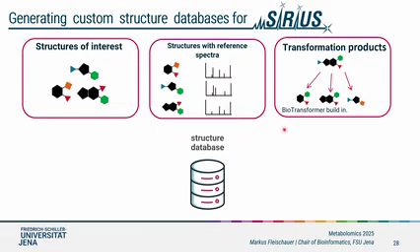That's built in since the last version, so we built in BioTransformer from David Wishart's group. In case you import structures into SIRIUS, you can say, also compute biotransformations for me. And then you will get a database containing your lead structures and possible transformation products.